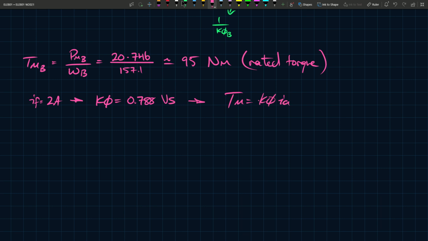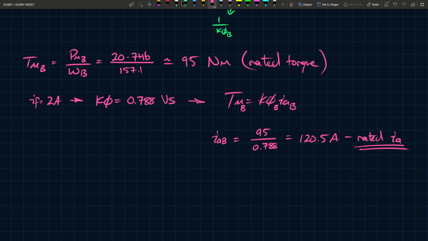You can use this to determine what IA is. These are all rated values, because you want to find what the rated current is in this case. So IA b is equal to 95 divided by 0.788, and that's 120.5 amps. And so this is your rated IA.